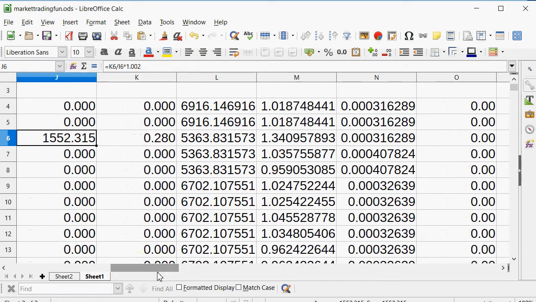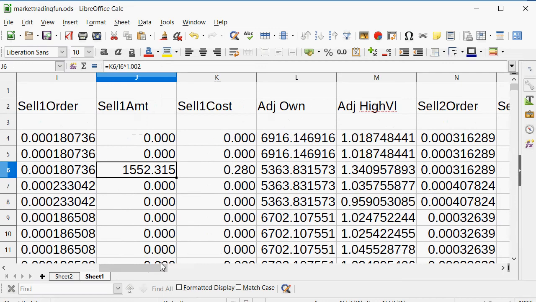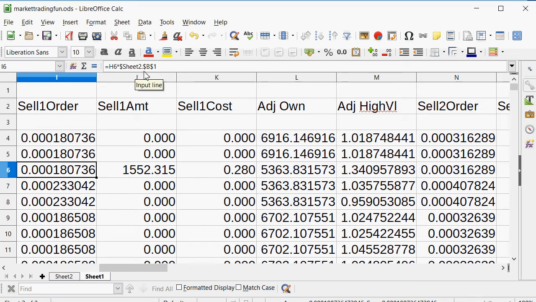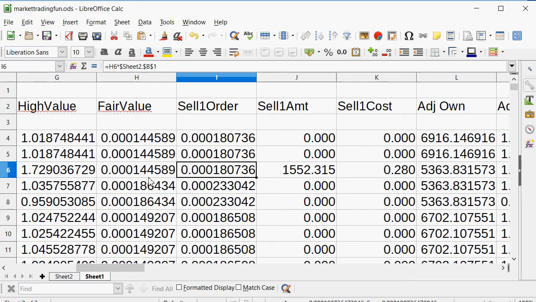I have to calculate the sell order price, which is relatively easy to do. Where is the sell order? Right here. So the sell order takes the H6, which would represent what fair value is.